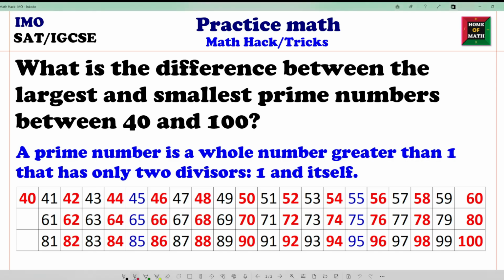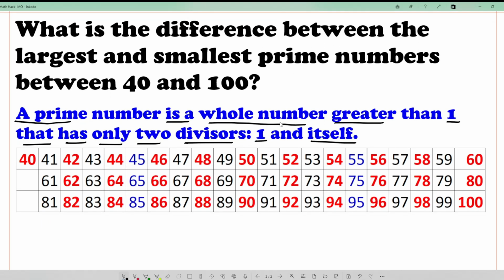So first we have to know about prime numbers. A prime number is a whole number greater than 1 that has only two divisors: one is 1, another one is itself. It means a prime number is a number which we can divide by only two things.